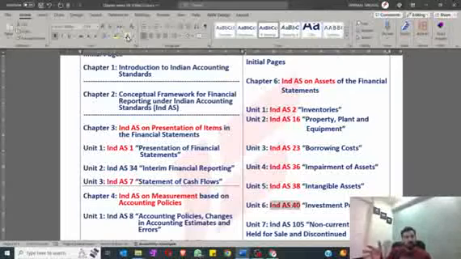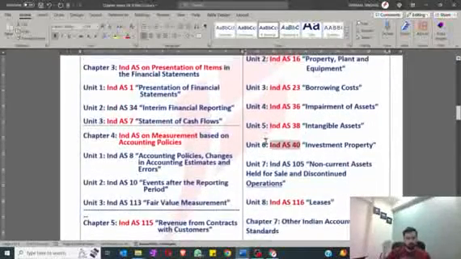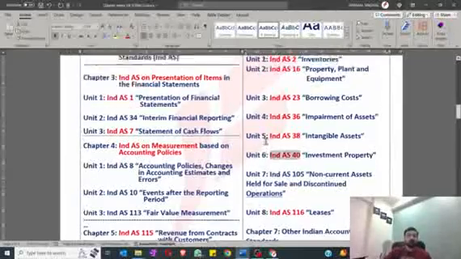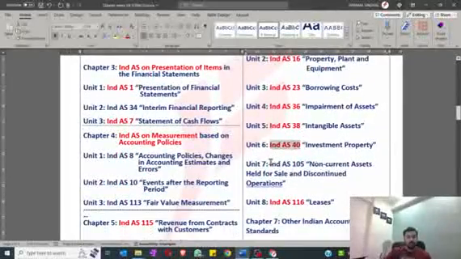Basically, it will cover land, but in detail we'll be studying which type of land is covered in investment property. In Ind-AS 40, land and building, both will be discussed.